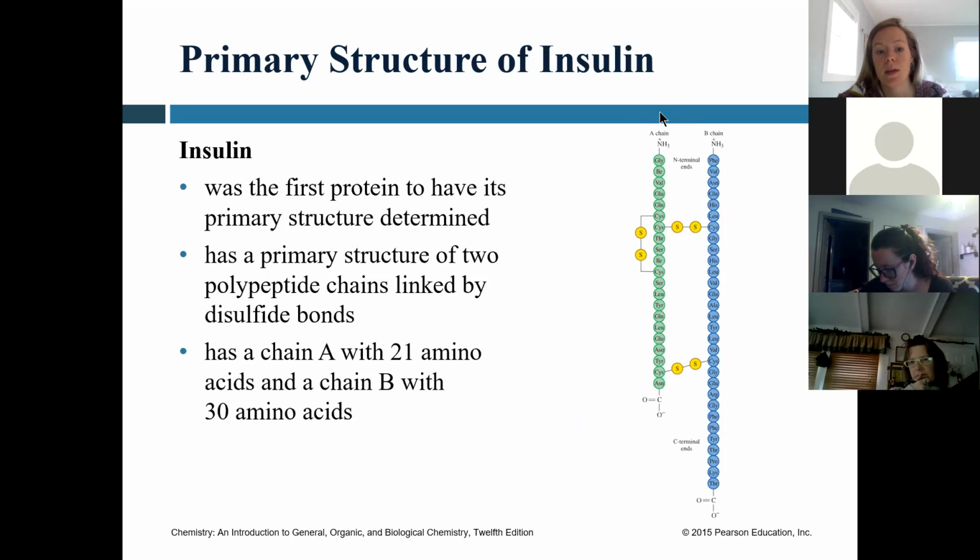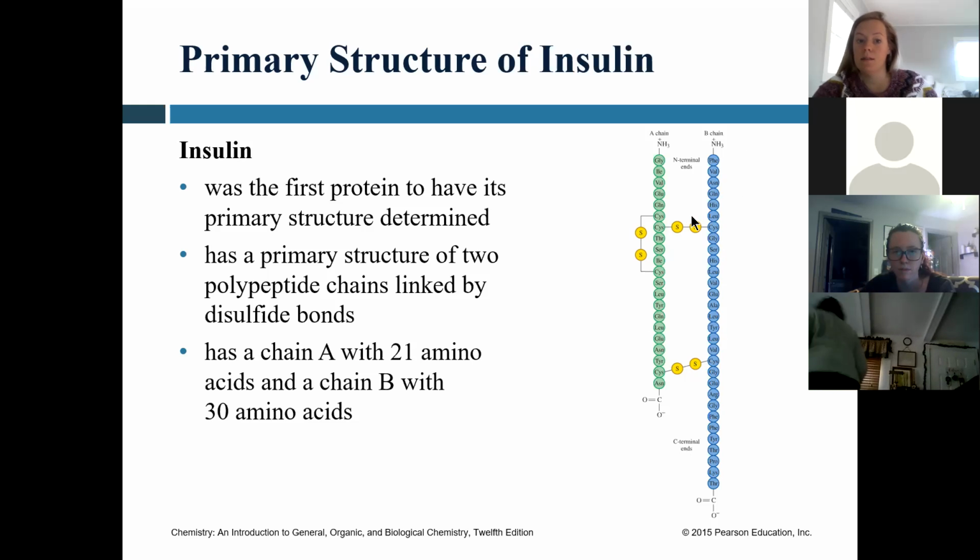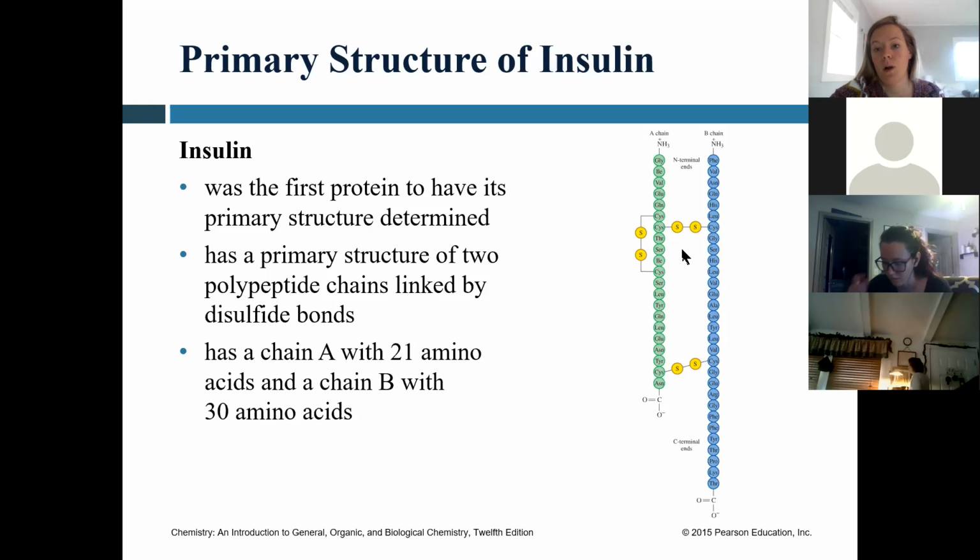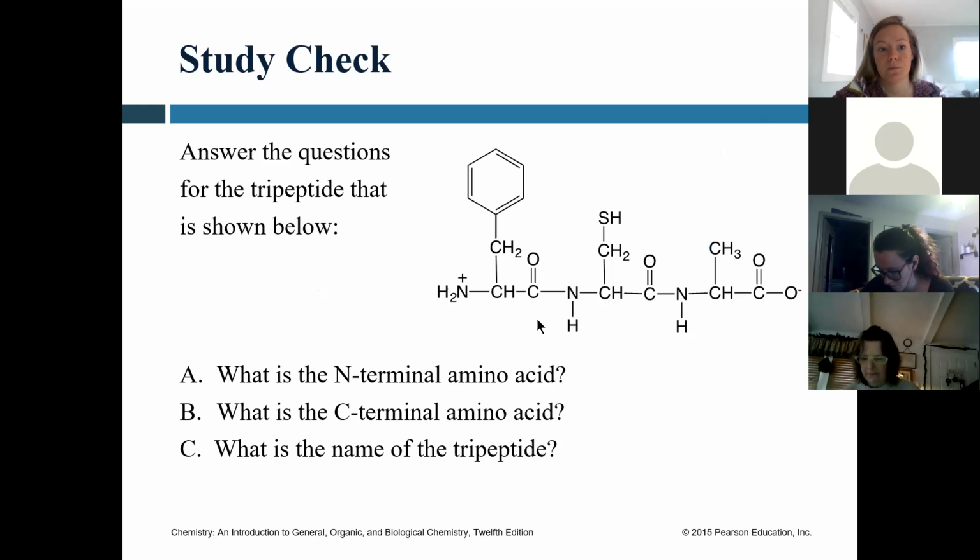There are two chains here: an A chain, which has 21 amino acids, and a B chain, which has 30, so the B chain is a little longer. These two polypeptide chains are linked together by disulfide bonds, and we'll talk about what kind of structure that is. But the primary chain is this here, and we would classify that as a primary structure.